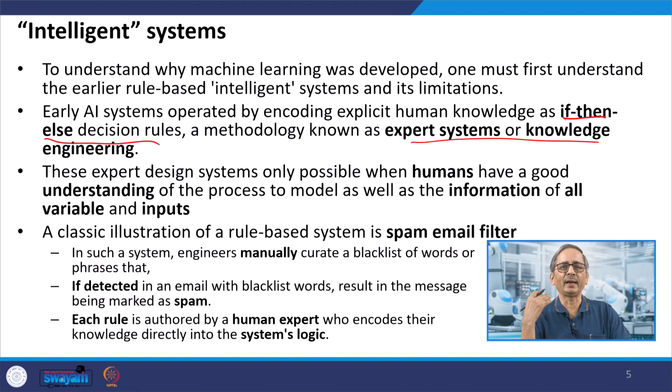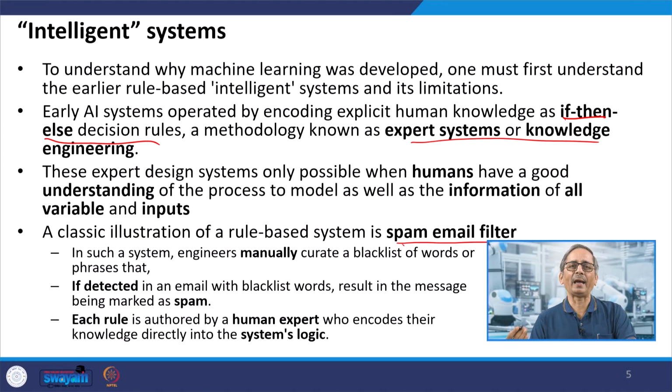A very classical illustration of the rule based system I have been talking about is the spam email filter. In such a system, we usually manually curate a blacklist of words, because we have to identify which email is spam out of whatever email you receive in your inbox.